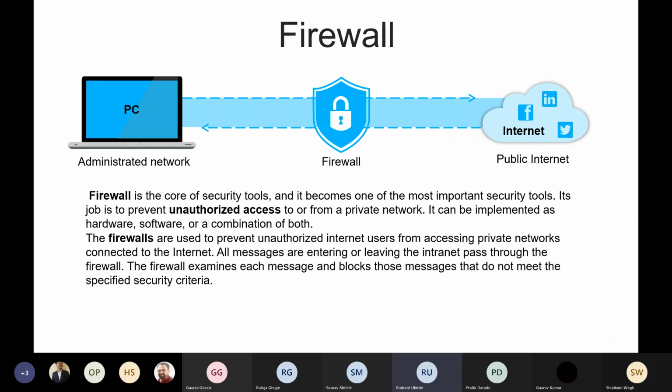Firewalls are used to prevent unauthorized internet users from accessing private networks connected to the internet, which means all messages entering or leaving pass through a firewall. The firewall then examines each message and blocks those that do not meet the specific security criteria.